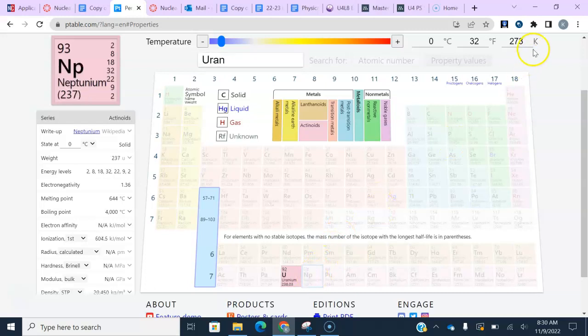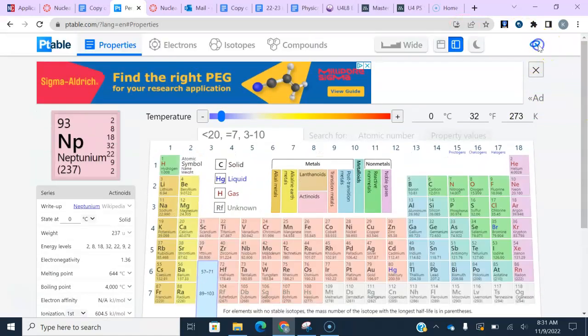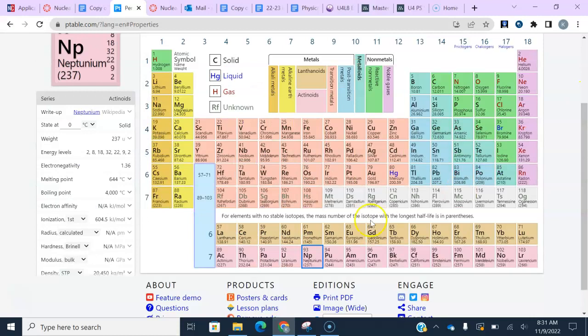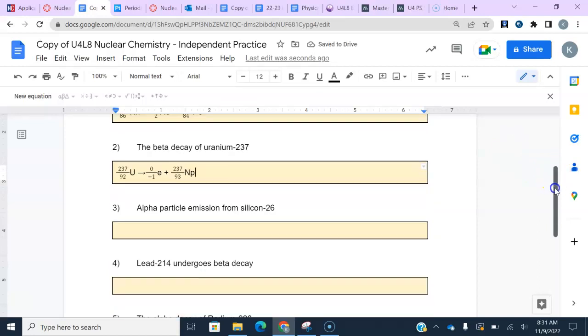Atomic number 93 is neptunium. So neptunium, Np, is going to be our new element. That is beta decay.